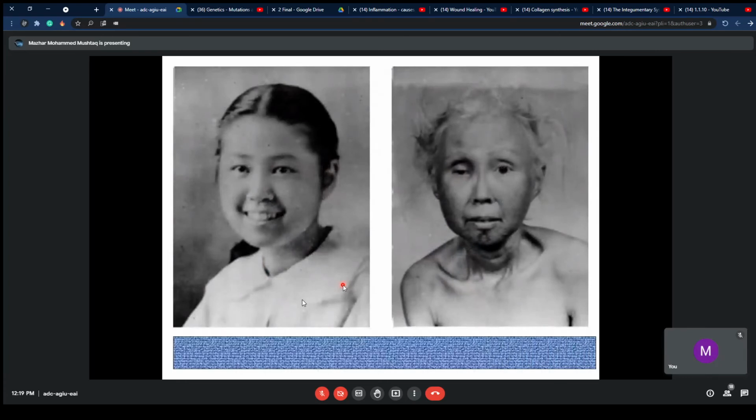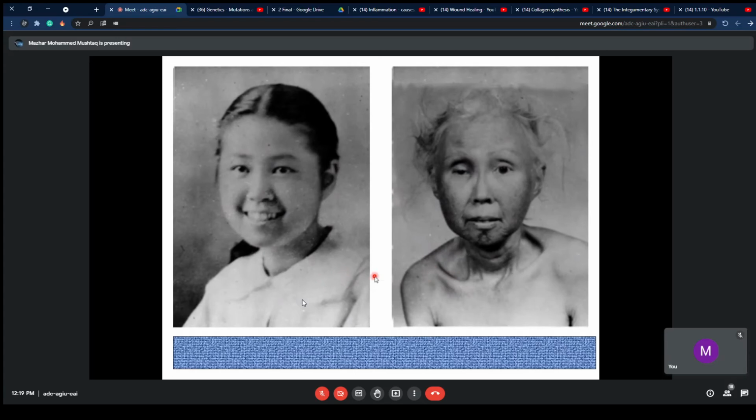Before that, you can see here these two pictures are of the same lady. It is the same female shown in the two pictures. This is when she was young, and this is when she was old. Can you guess the age of these two ladies here?